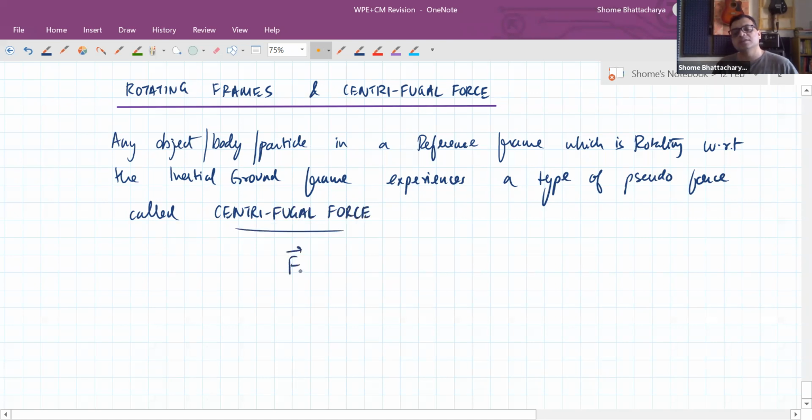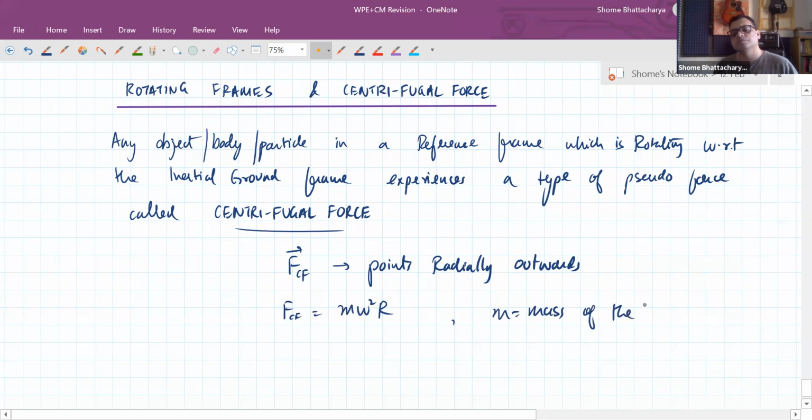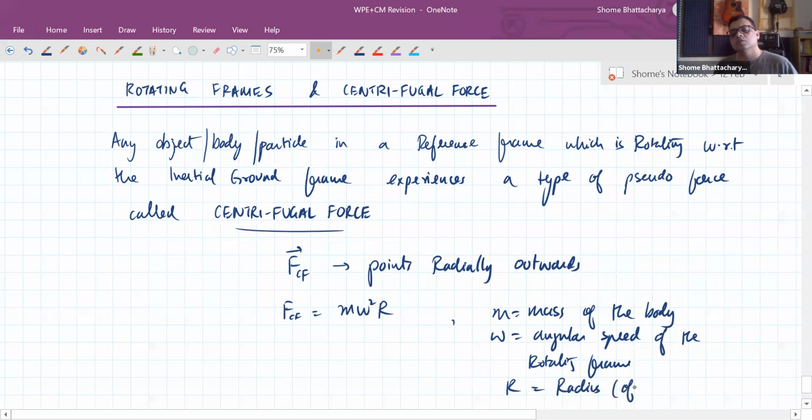And that centrifugal force points radially outwards, and it has a magnitude which is m omega square r, where m is the mass of the body which is experiencing the centrifugal force, omega is the angular speed of the rotating frame, and r is the radius of the body with respect to the axis of rotation.